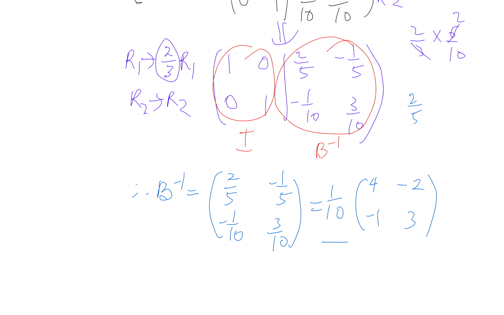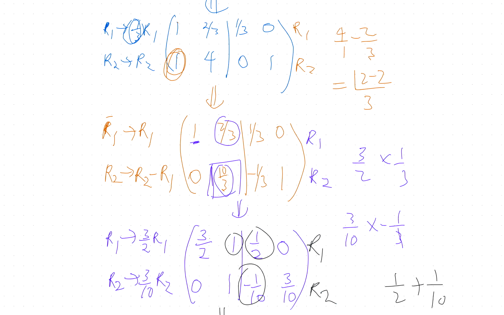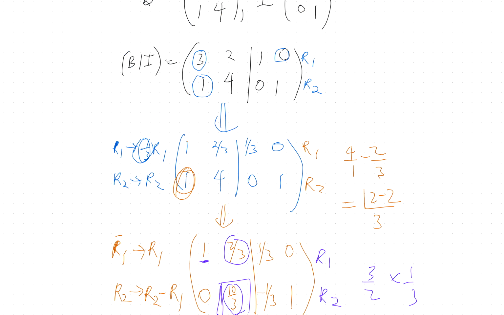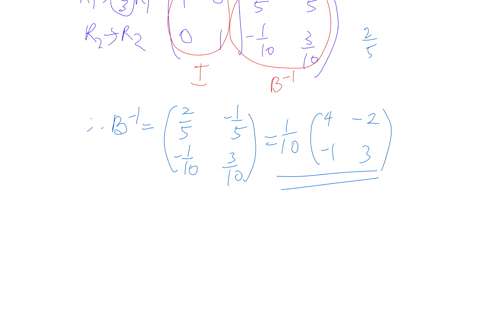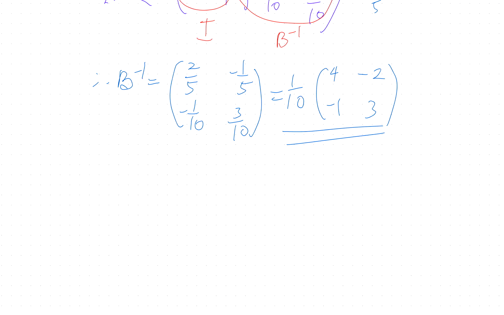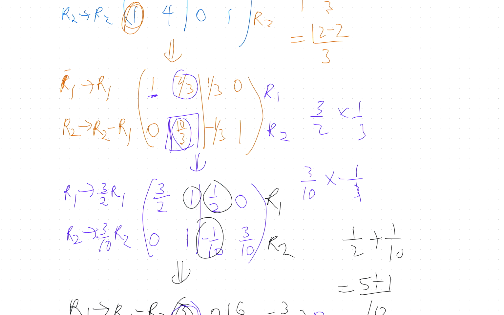But to establish if that is correct, you can remember where we started from. We started with 3, 2, 1, 4. Let's see if the inverse we have got is actually correct. So we want to check. B itself is 3, 2, 1, 4, that is the B we started with.